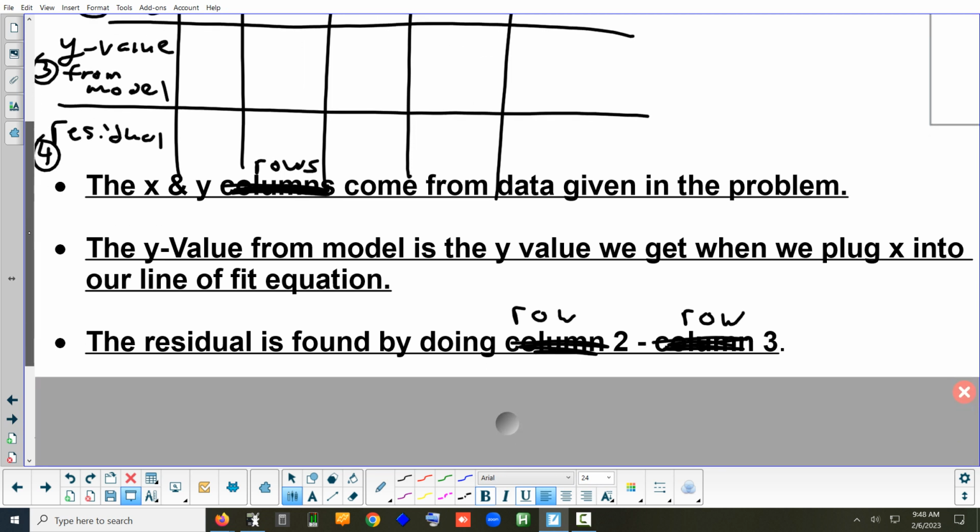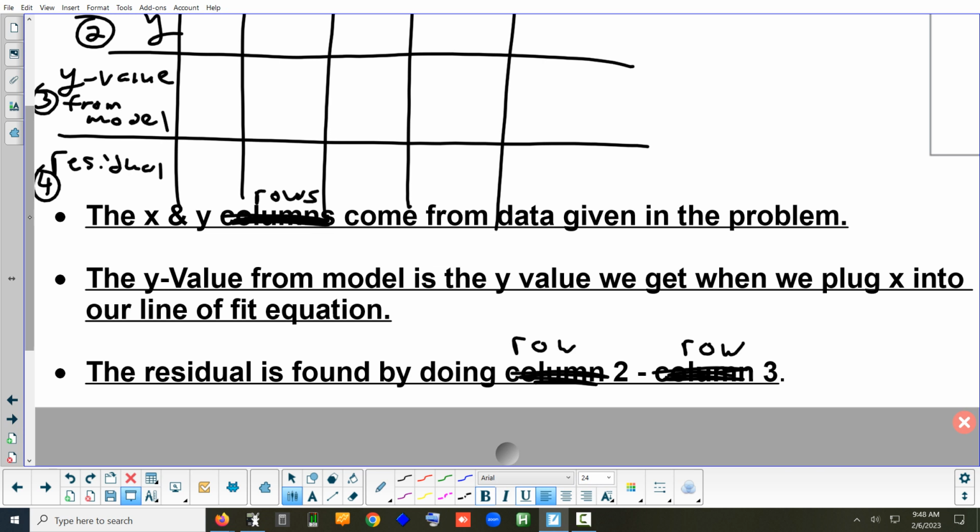The residual is found by looking at the difference between the data point they gave you and what the formula predicts you would get when you draw in that line. Row 2 is the value that they give you. Row 3 is the estimate if you used your line that goes through the points the best you could.